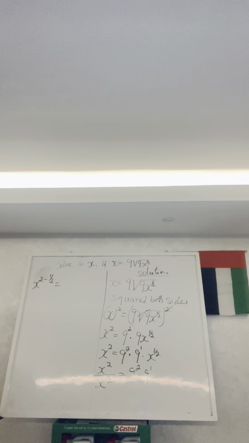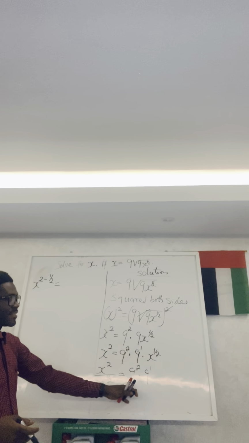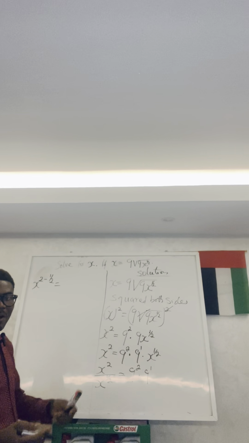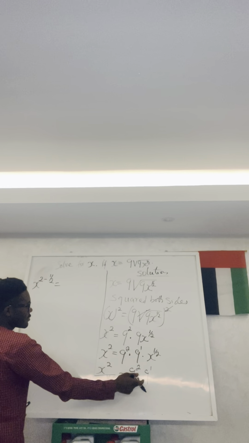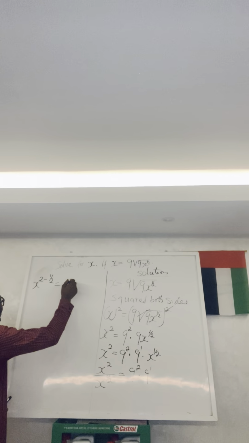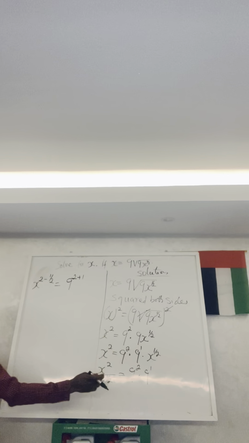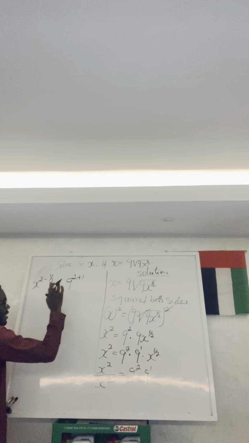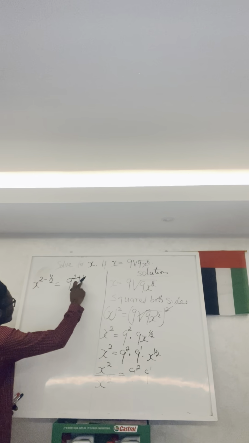Also, according to the rules and laws of indices, under the product of numbers of the same base, it can be simplified by taking one of the base and adding their powers. Here now is 9 raised to the power of 2 times 9 raised to the power of 1. That will say that here now will be 9 raised to the power of 2 plus 1. You take one of the base and add their powers.